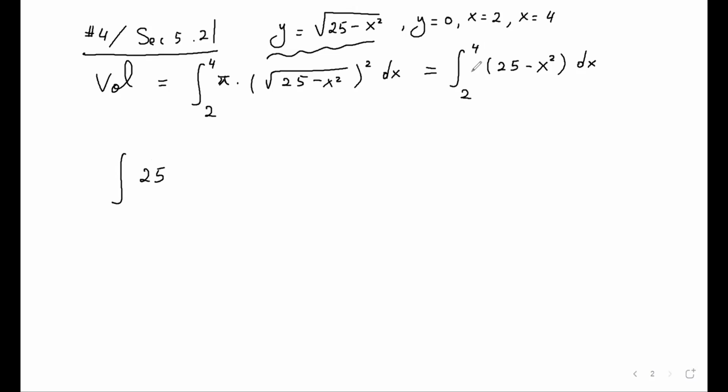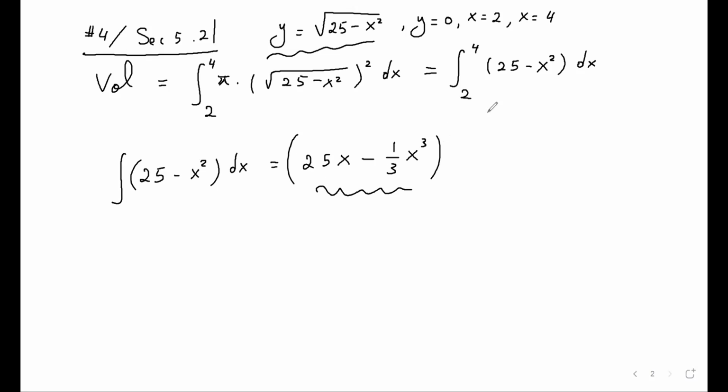We don't lose them, but that's the equivalent to saying, calculate the antiderivative of 25 minus x squared dx, which is 25x minus 1/3 x cubed. So this is the antiderivative. This is the thing that you're going to take and substitute in here. Now, because I don't have room there, I'm going to write it down here.